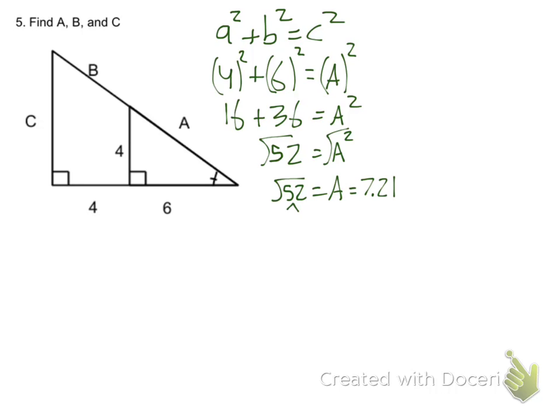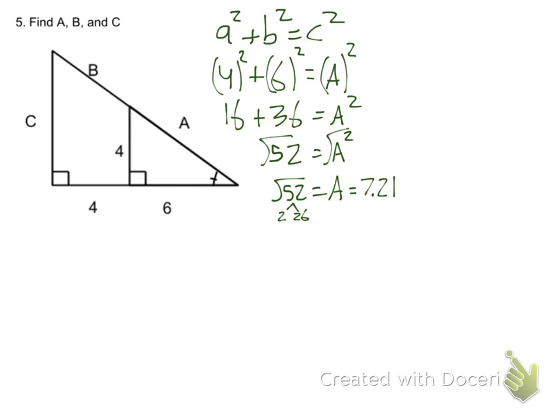Now, this is my process. I take the number inside and I break it down to its prime factorization. 52, we can say, is 2 and 13. 2 times what is 52? 26, thank you. 2 times 26 is 52.